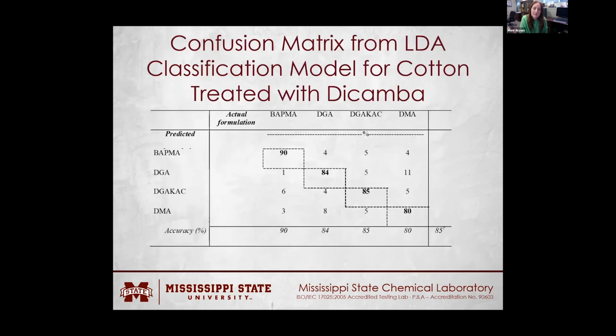Next slide. If we look at the confusion matrix, and this particular one is for cotton treated with dicamba, you can see that when we took, let's just say, for instance, the BATMA, 90% of the time it was identified correctly. 1% of the time, the BATMA formulation was identified as DGA. 6% of the time, it was identified as DGA with the potassium acetate, and 3% of the time, it was identified as DMA.